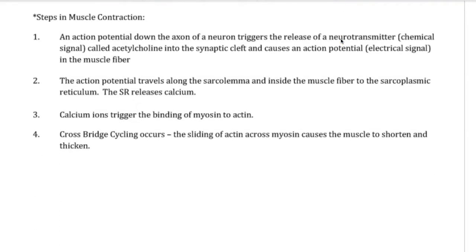Okay, so we have some steps in a muscle contraction. An action potential down the axon triggers the release of a neurotransmitter, some type of chemical that says we need to do something. It's called acetylcholine, released into the synaptic cleft, and it causes an action potential, this electrical signal, in the muscle fiber.